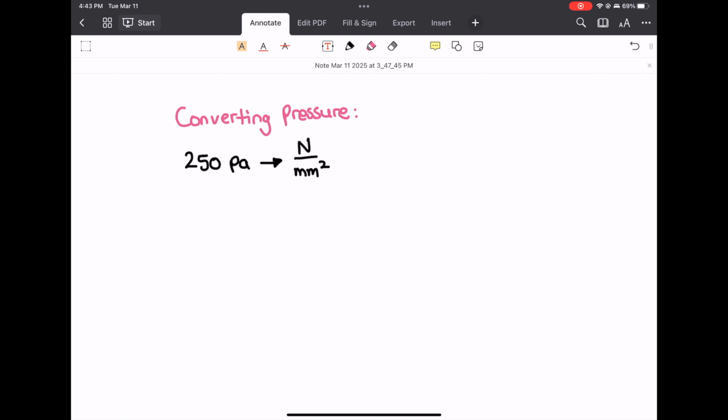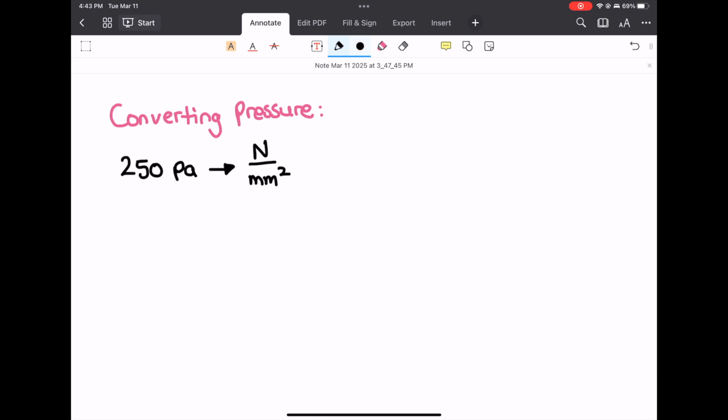So let's convert 250 pascals to newtons per millimeter squared. Let's write down what we know. We know that 1 pascal equals 1 newton per meter squared. Meter squared and millimeter squared aren't the same thing, so we're going to need more conversion factors.